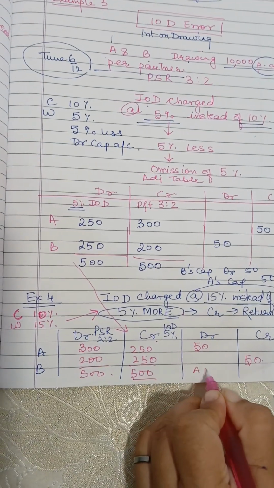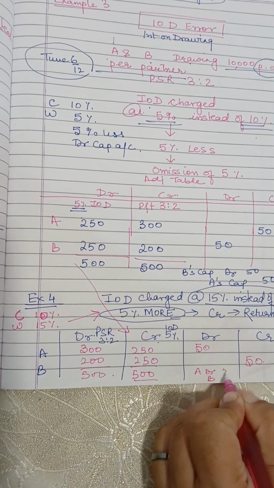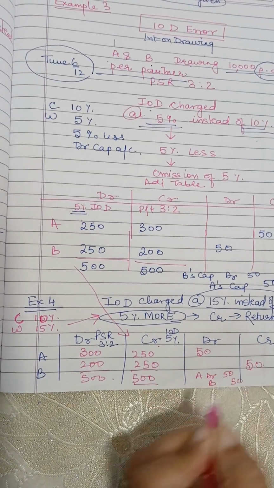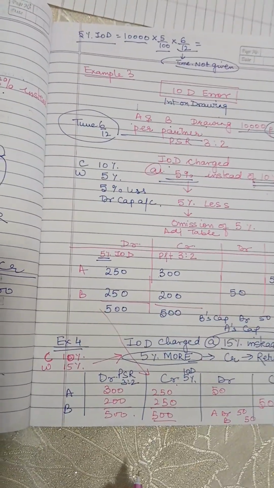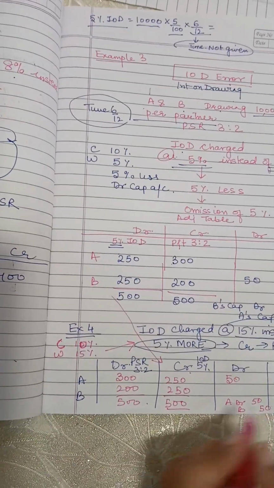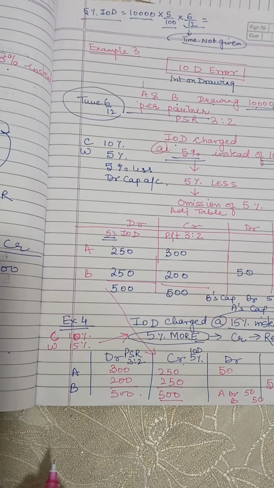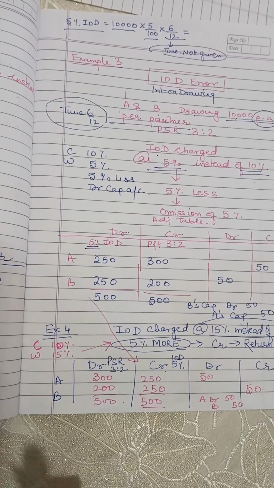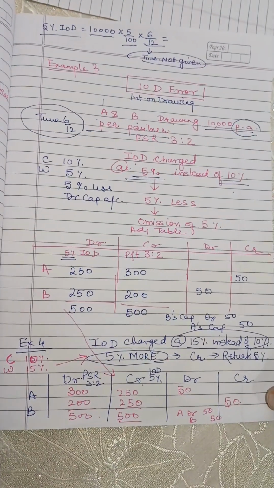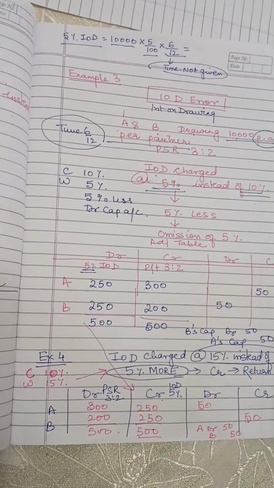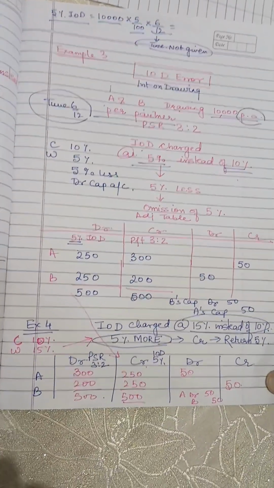Entry is reverse. A debit, B credit, 50 rupees. We will use the word capital or current depending on the type of capital given in the question. Nothing given, we presume it's fluctuating. If it has to be fixed, it will be specified in the wording of the question. Thank you.